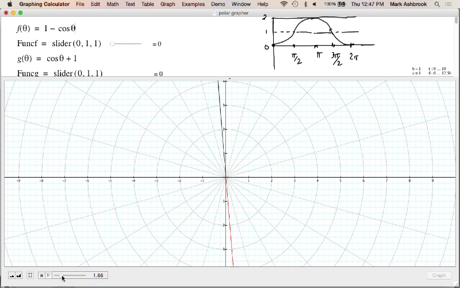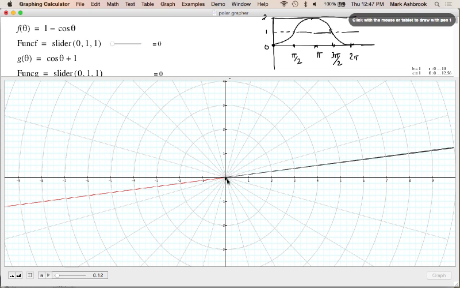So imagine r increasing. So watch that black line. Imagine r increasing as that angle goes from 0 to pi over 2. So r is increasing. Think about it. As we increase in theta, r is going to go from 0 to 1. Okay? And then from pi over 2 to pi, r goes from 1 to 2.